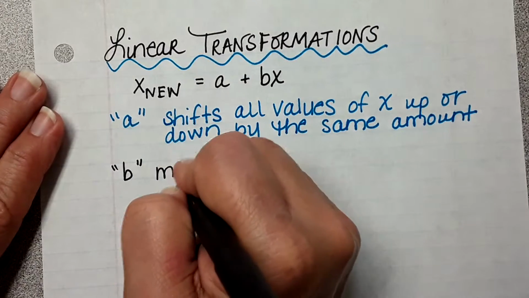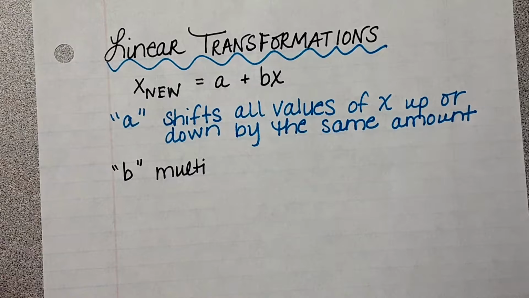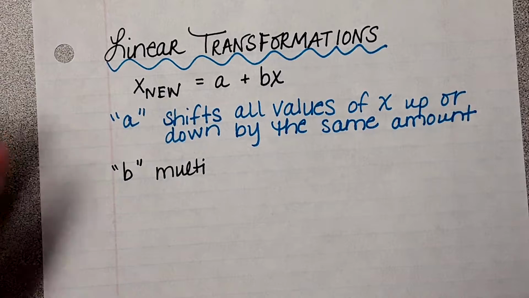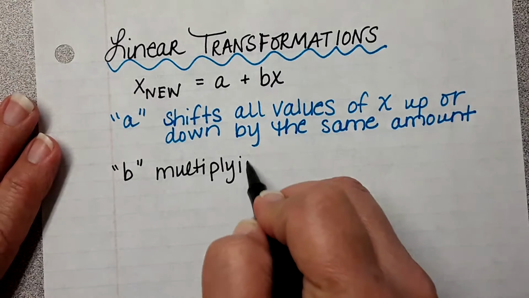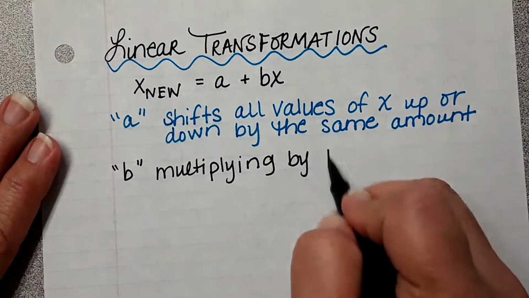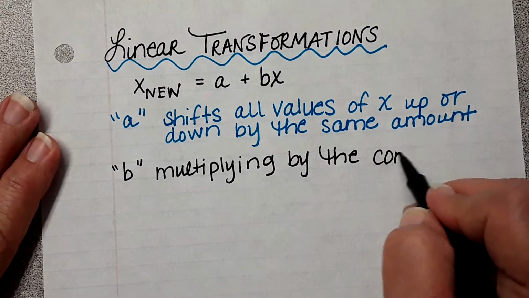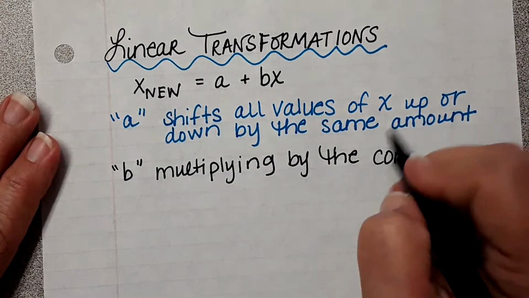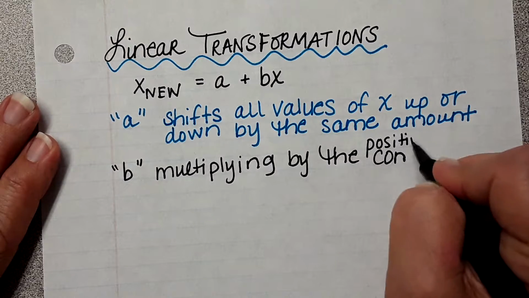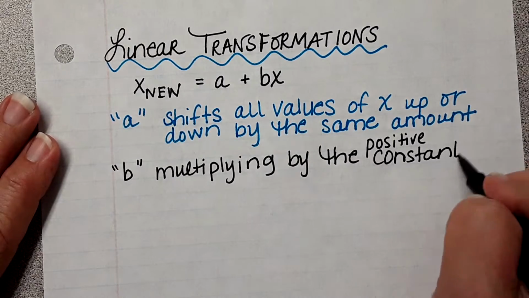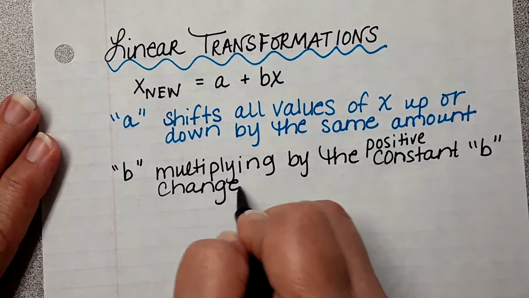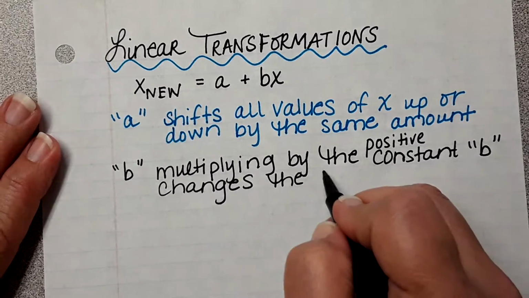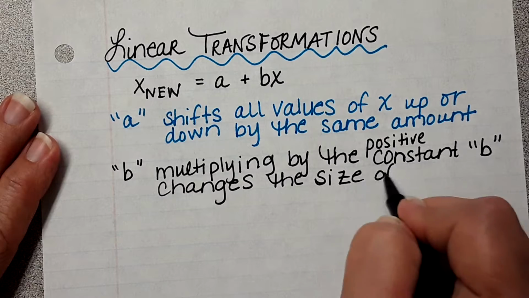B, and each one of these shifts affects our measures of center and our spread a certain way. You know that B, just from graphing a line, is multiplying by the constant. Oh, and I forgot a word, positive constant B changes the size of the unit measurement.